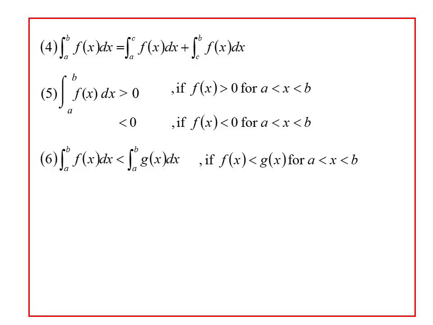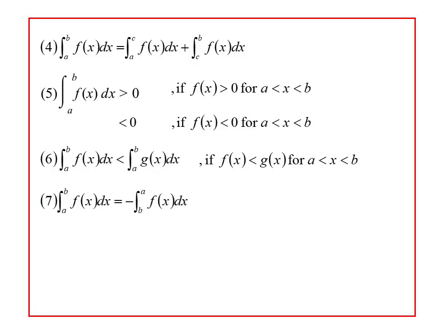And if you've got two different integrals but going between the same values, you know that the integral of f of x will be less than the integral of g of x if the same is true for the function values. Another way of thinking about that, if you looked at the picture, is if this curve was below this curve, then their integrals would also satisfy the same inequality, because if you're thinking about it, we're talking about the area under the curve. If this curve was higher, it's going to have a bigger area.